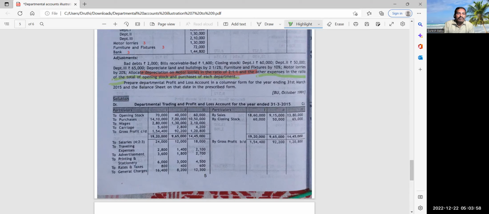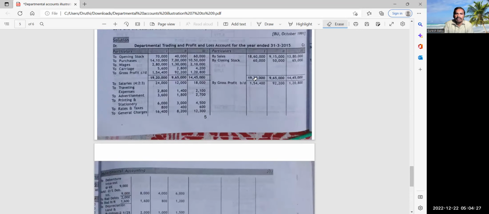Okay? So prepare departmental trading and profit and loss account in a columnar form for the year ending 31st March 2015 and the balance sheet on that date in the prescribed format. Right? The prescribed format is very important. So you need to prepare the trading account, profit and loss account, and balance sheet in the format that is stated.